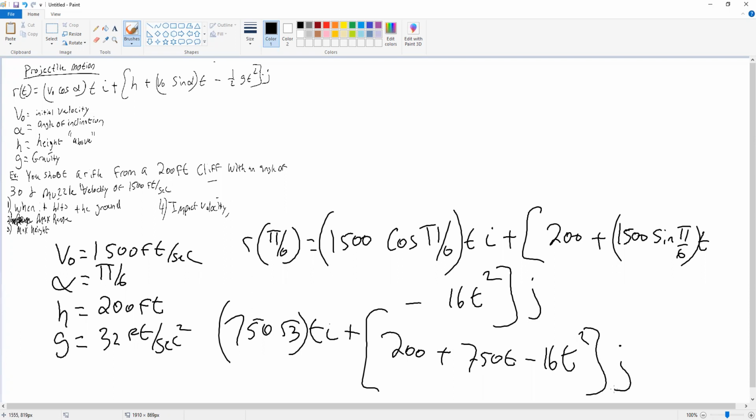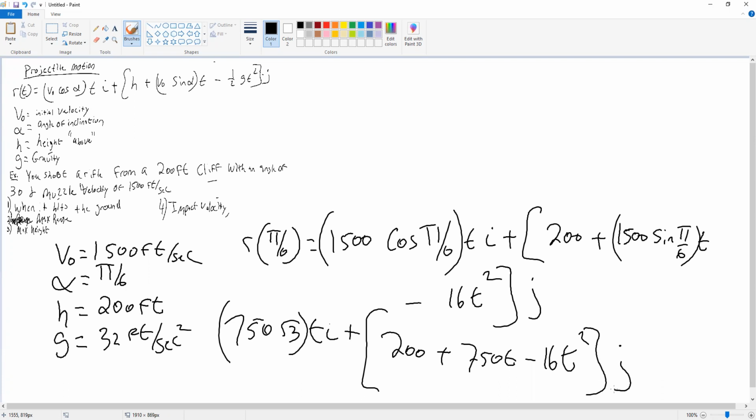So far, so good. This right here is a quadratic function. This right here is what? Linear, pretty much. So what's going to happen here?